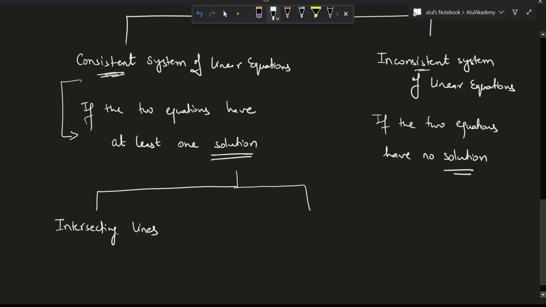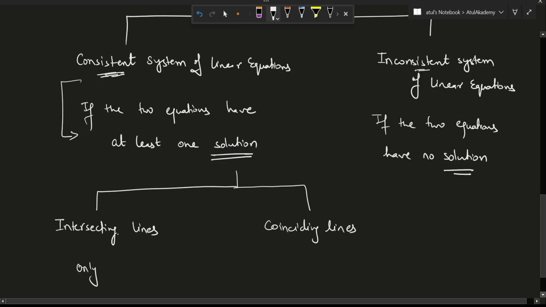The other is coinciding lines when we plot these values. Intersecting lines means only one solution.